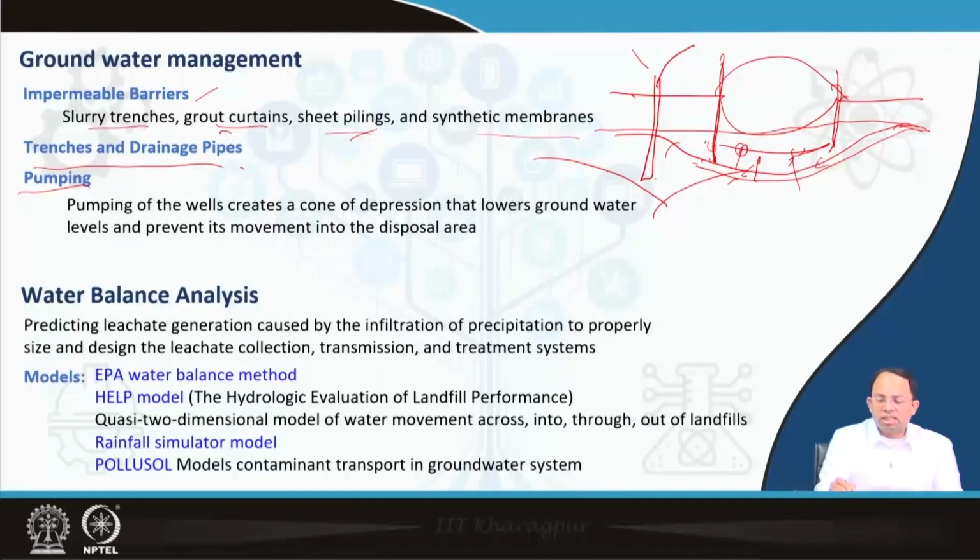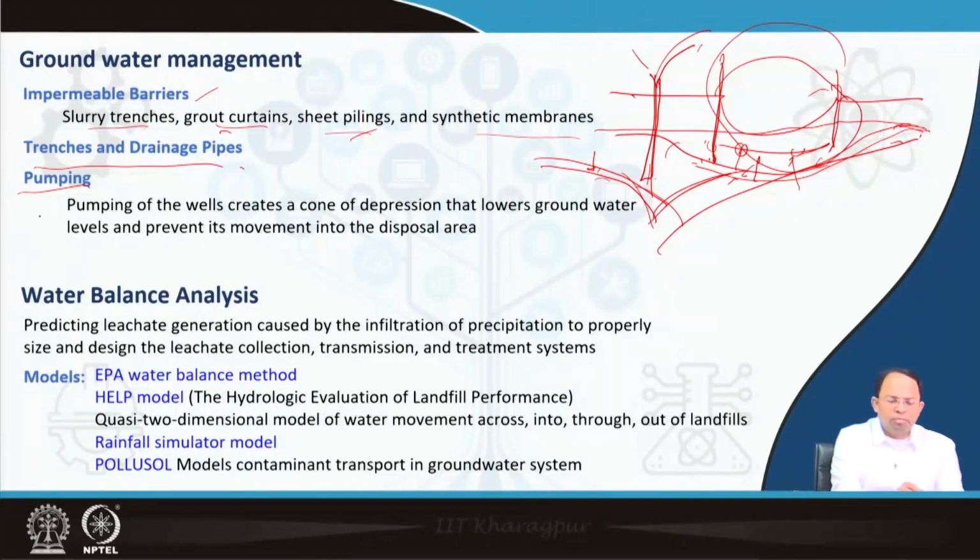This is called the cone of depression. So the groundwater table bends when we pump water using a deep tubewell or so on. Here also we can pump water, which will make the groundwater table bend, and that will not influence my landfill site. But this is an active measure, and it will take electrical energy to keep the pumps running, and it requires a lot of additional investment.